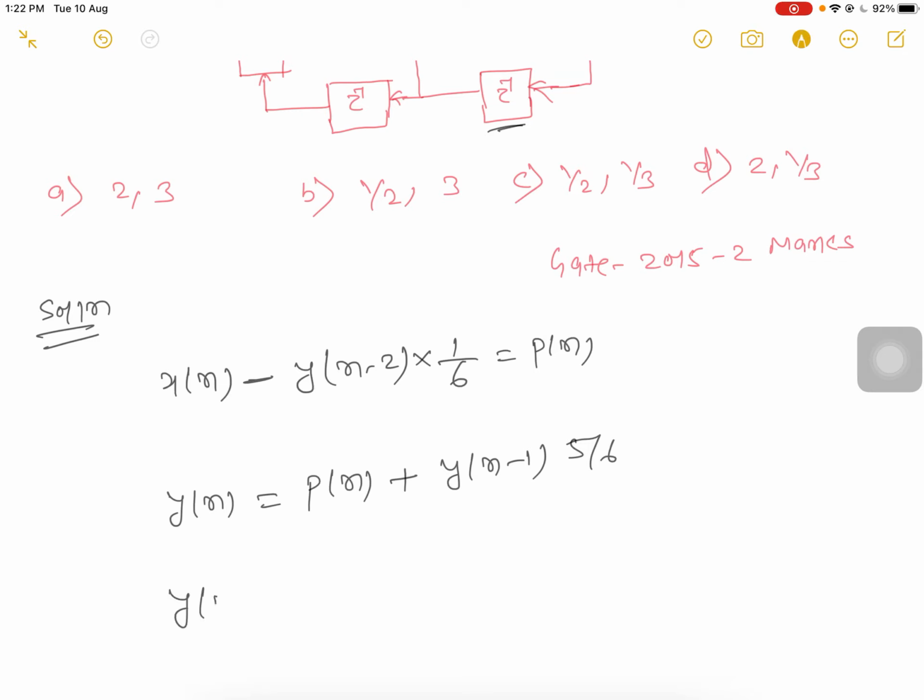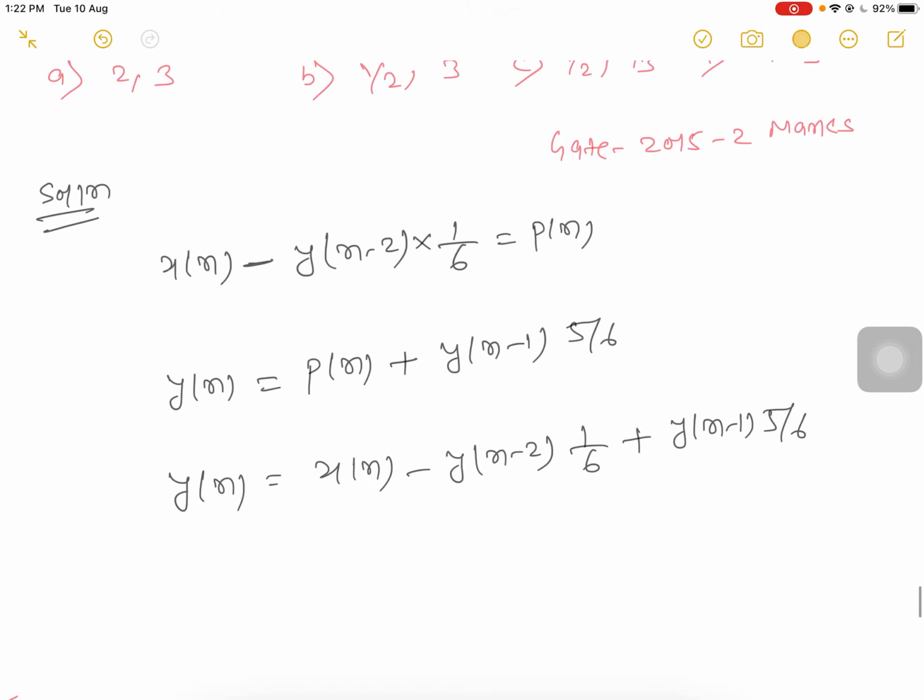So y[n] is equal to x[n] minus y[n minus 2] times 1/6 plus y[n minus 1] times 5/6.